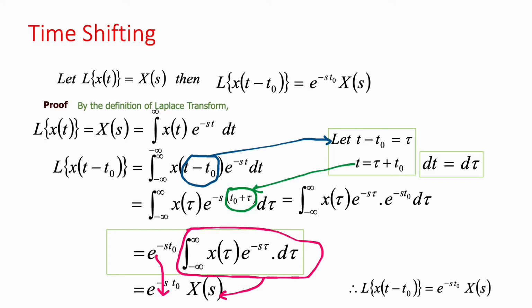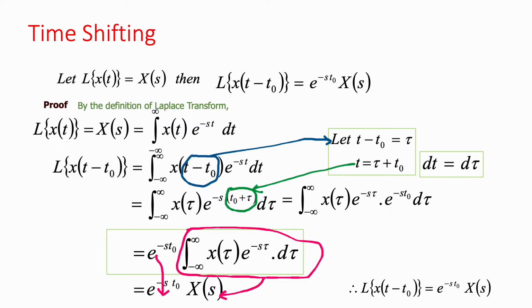So the proof is, first you write down the definition of the Laplace transform given here. Laplace transform of x of t minus t naught. We have to do it for t minus t naught, where t naught is the time shift. Now, wherever x of t is present, that can be replaced by x of t minus t naught.